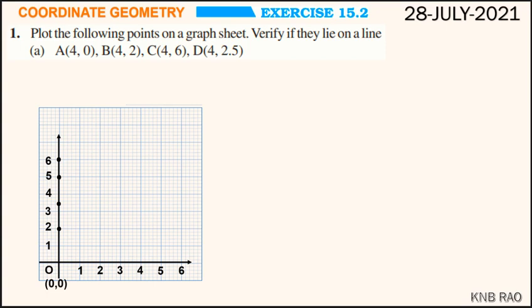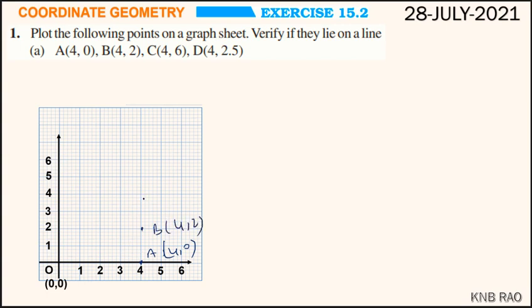I have taken points A (4, 0). Where is (4, 0)? 4 is here, and 0 means on the x axis only, 0 units. So, this is A (4, 0). Next B (4, 2). B is this.